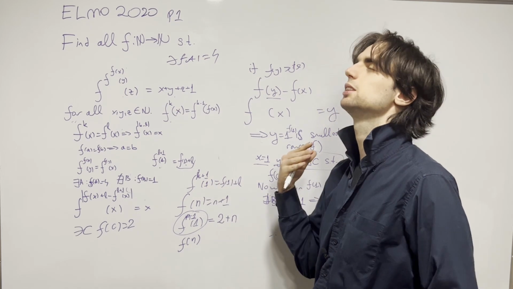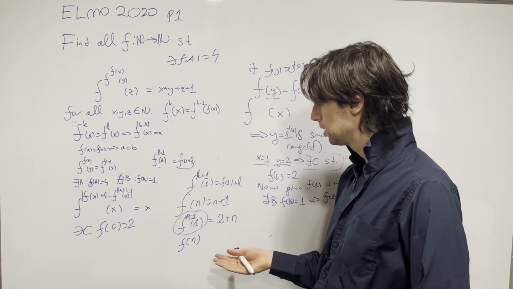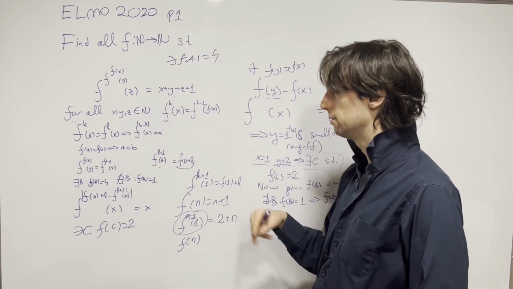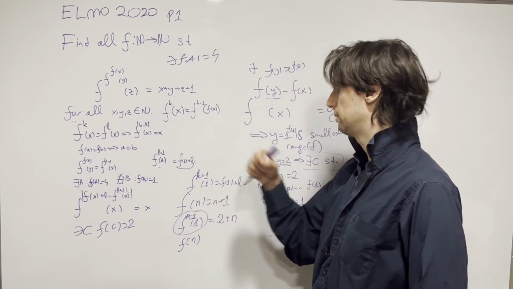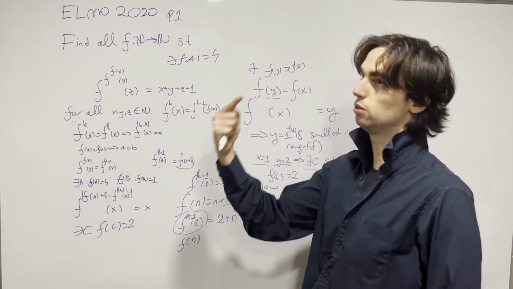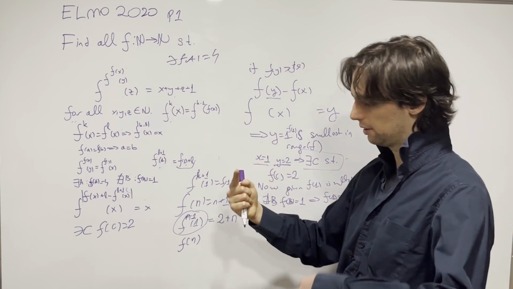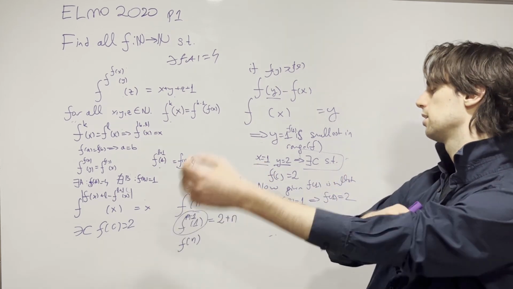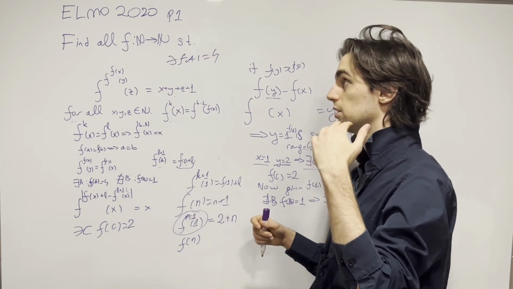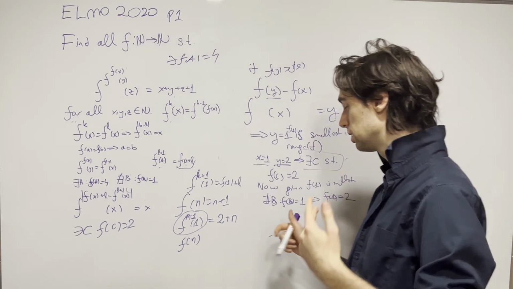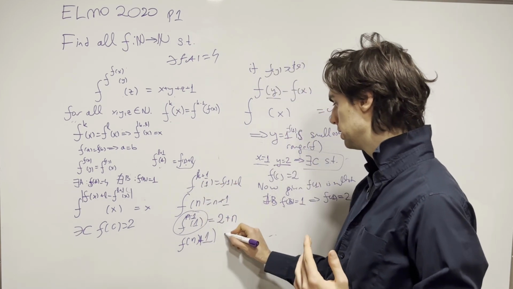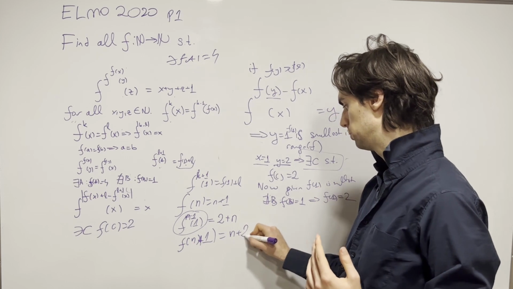If L is equal to 0, I get f of 1 is equal to f of 1. If L is equal to 1, I get f of 2 is equal to 3. If L is n, I get f of n plus 1. So I get f of n plus 1 if L is equal to n is equal to n plus 2.